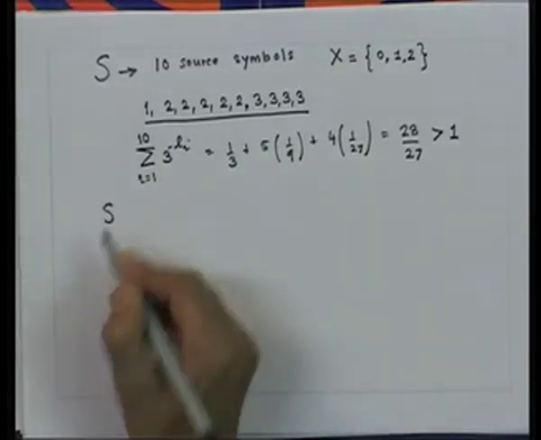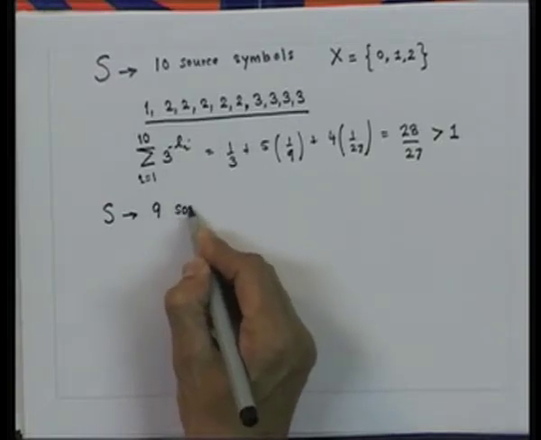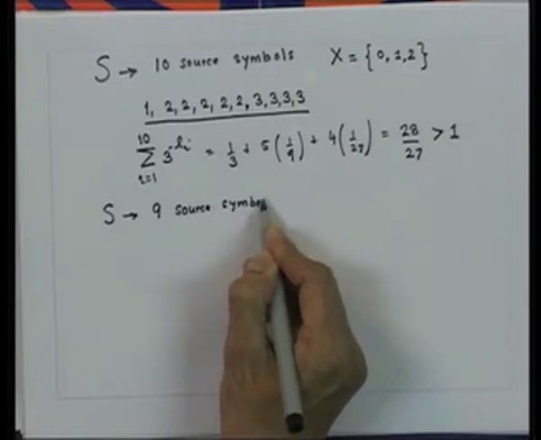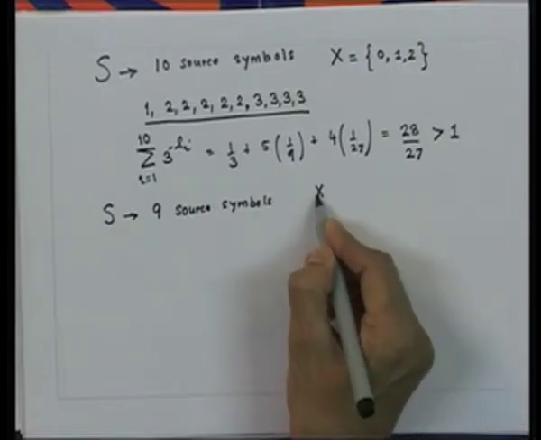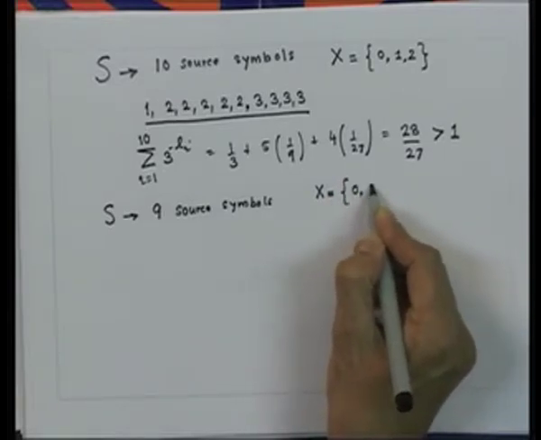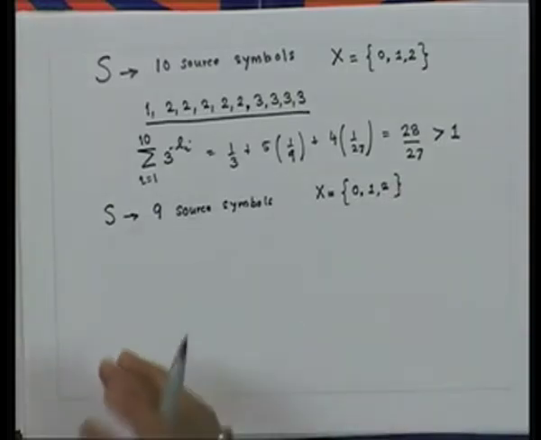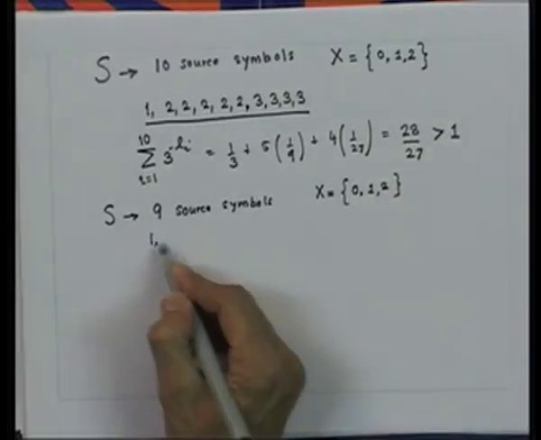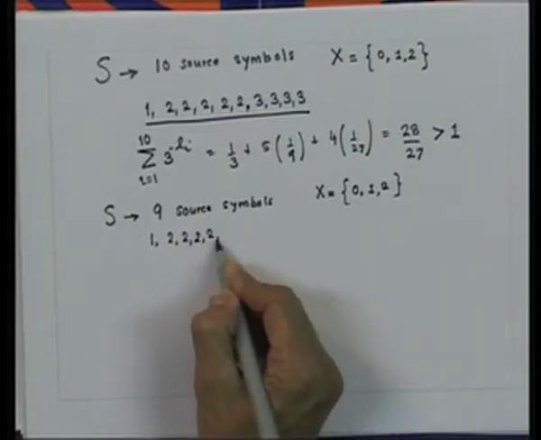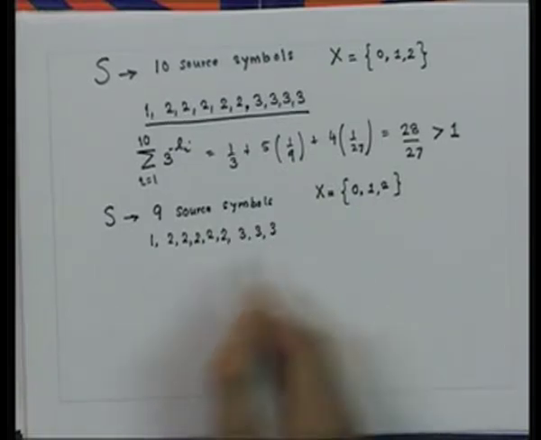Suppose there was a source S consisting of 9 source symbols, and again my code alphabet consists of 3 symbols 0, 1, 2, and I want to design an instantaneous code with the code word lengths given as follows.